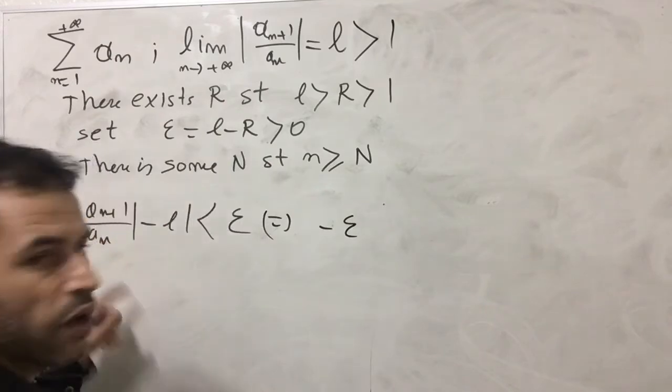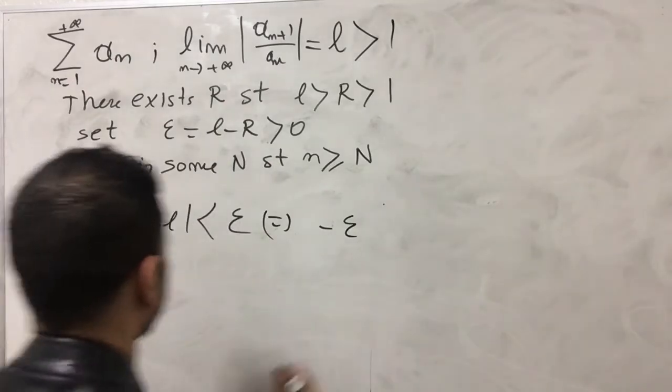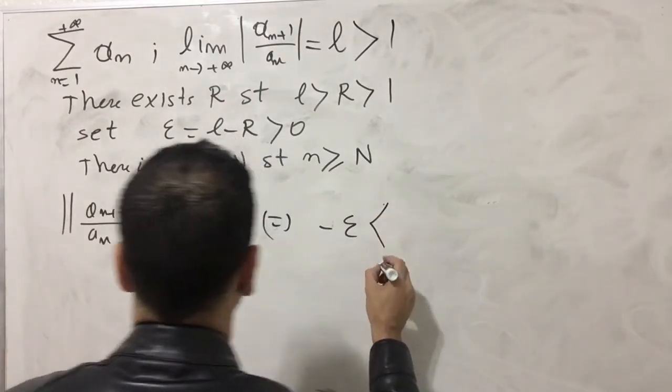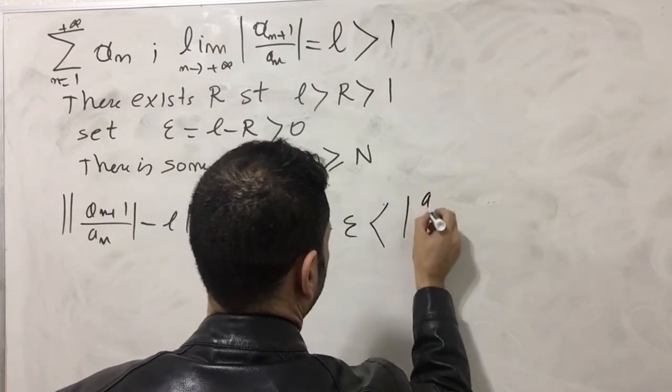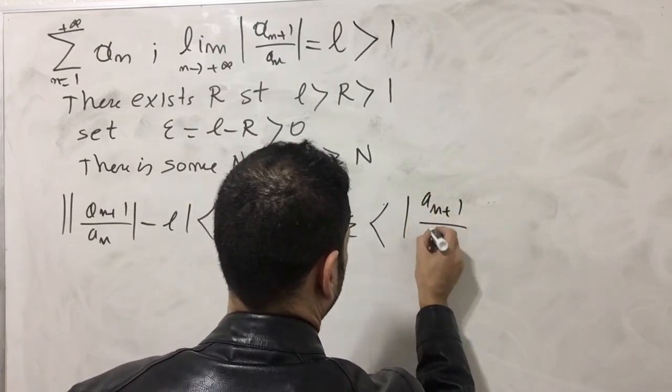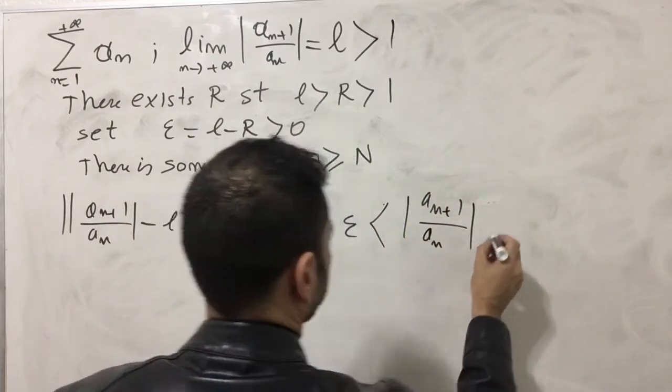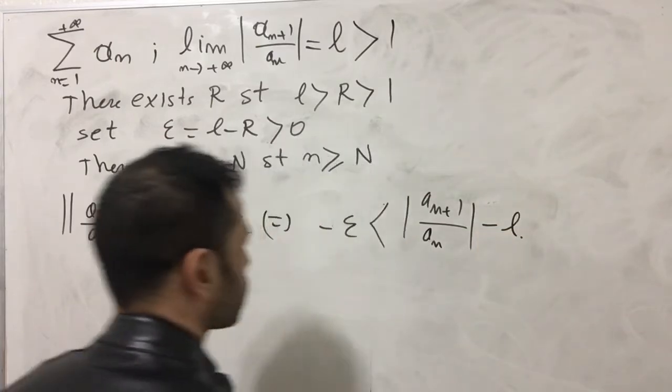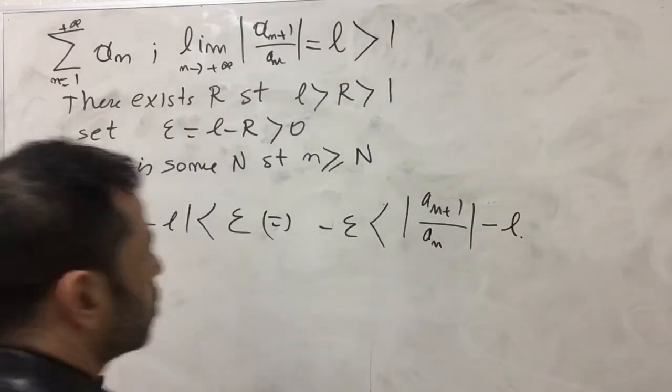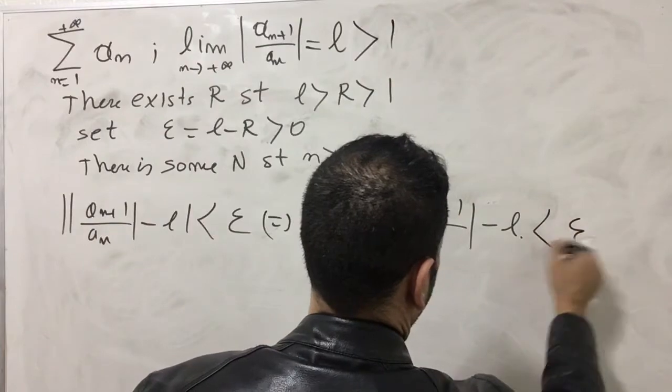I'm going to work on the left hand side of this inequality. I will have minus epsilon strictly inferior than the absolute value of A sub n plus 1 over A sub n minus L, strictly inferior than epsilon, okay?